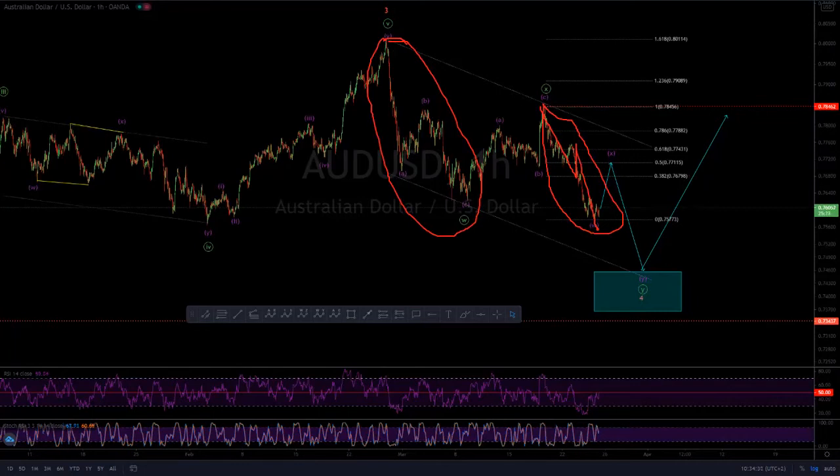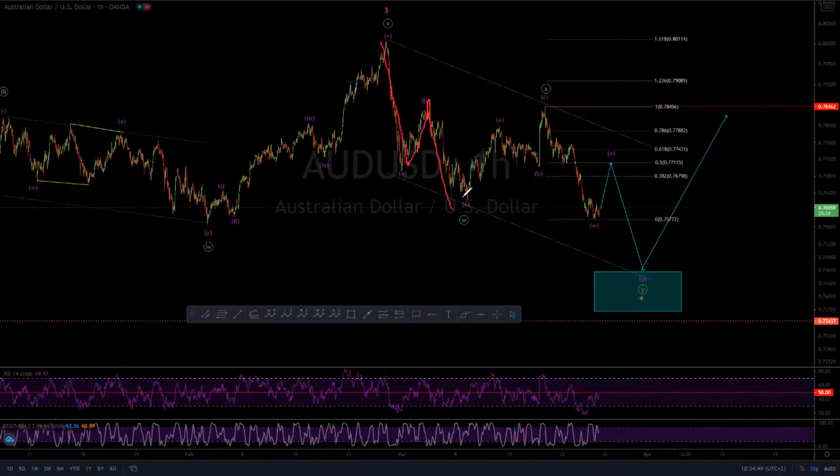I've always said this before, but maybe some of you won't be aware. If we are going to have a WXY structure, it's very common that you are going to have an ABC here. But you might not have a 3 waves ABC. These 3 waves here might just be a WXY, which is going to be a W, and then you get the 3 waves for an X, and then you still get another 3 waves.